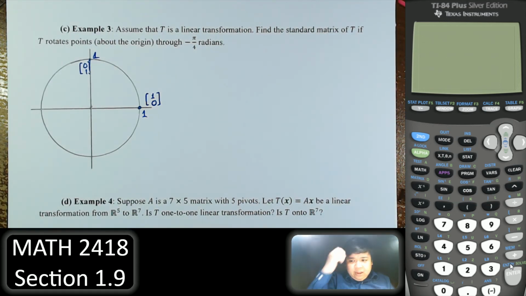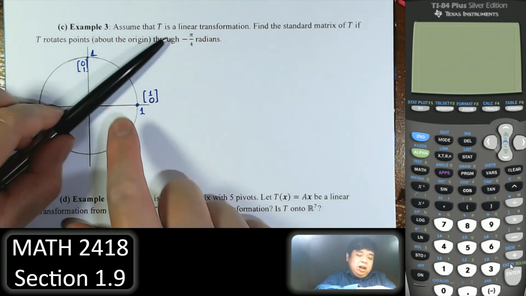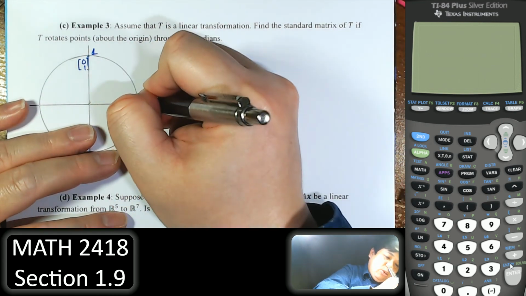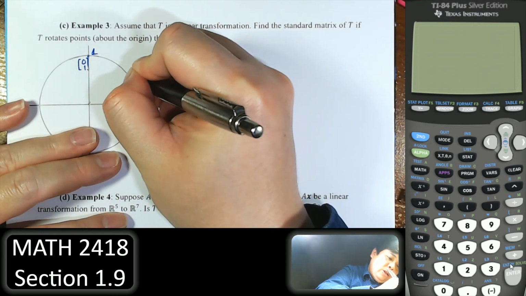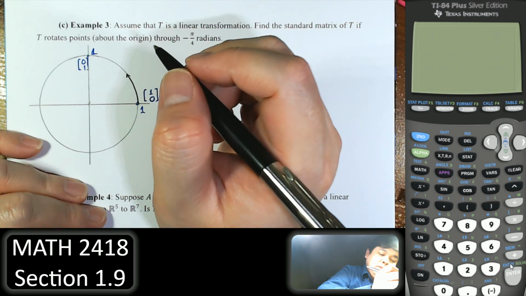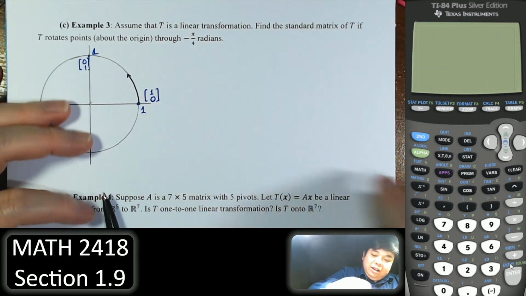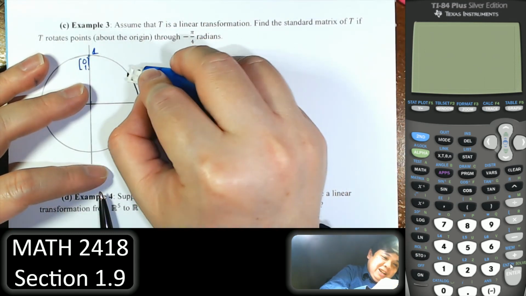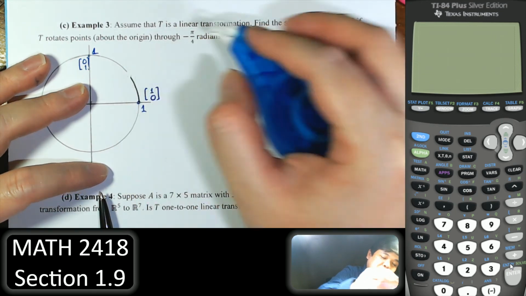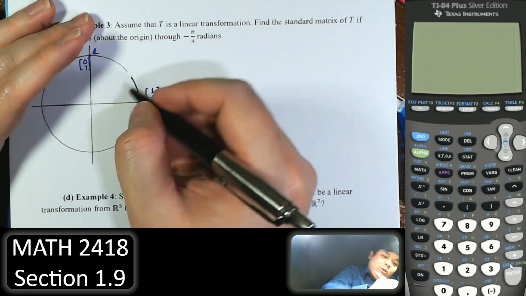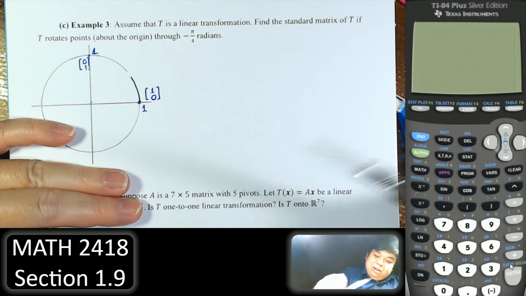Right. Now, this is rotate about the origin through negative pi over 4 radians. So we rotate negative 45 degrees. Negative pi over 4 radians, so it should be clockwise.